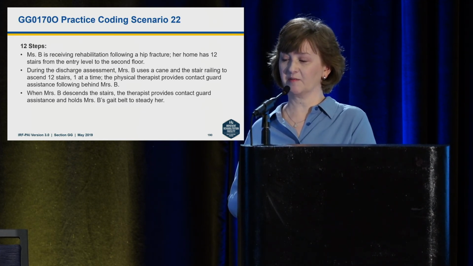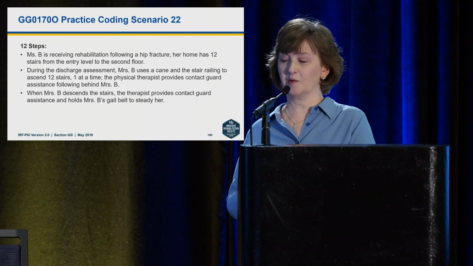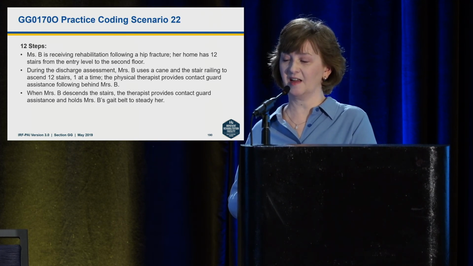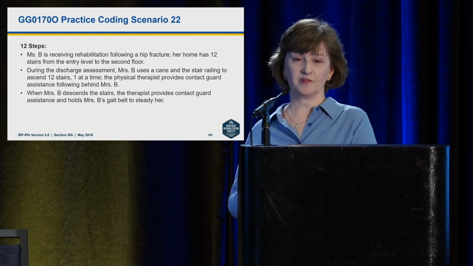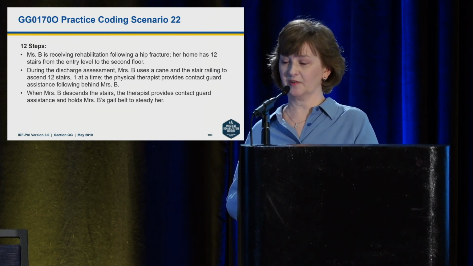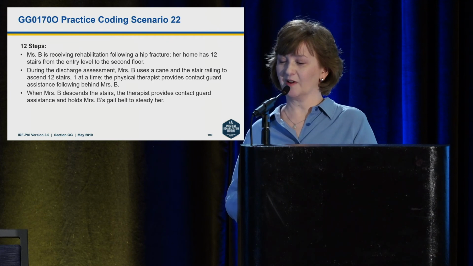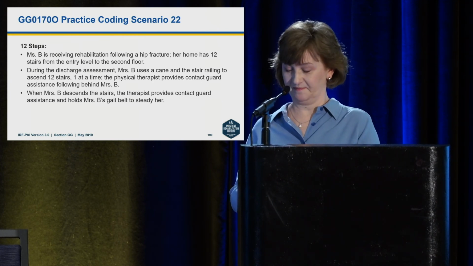The physical therapist provides contact guard assistance following behind Ms. B. When Ms. B descends the stairs, the therapist provides contact guard assistance and holds Ms. B's gait belt to steady her. So in this case, there is a difference in terms of the assistance provided going up the steps versus contact guard on the way down.